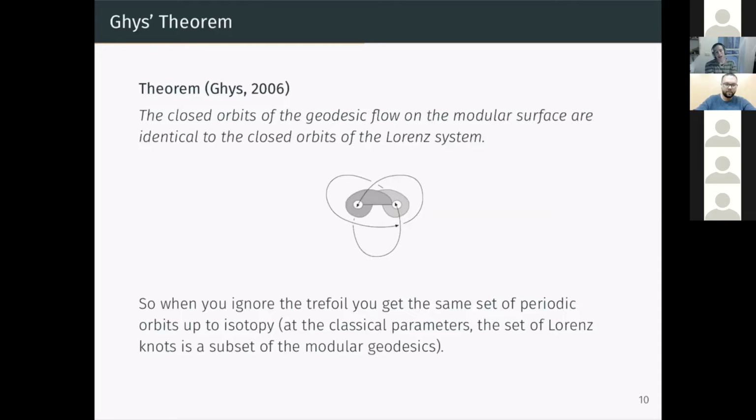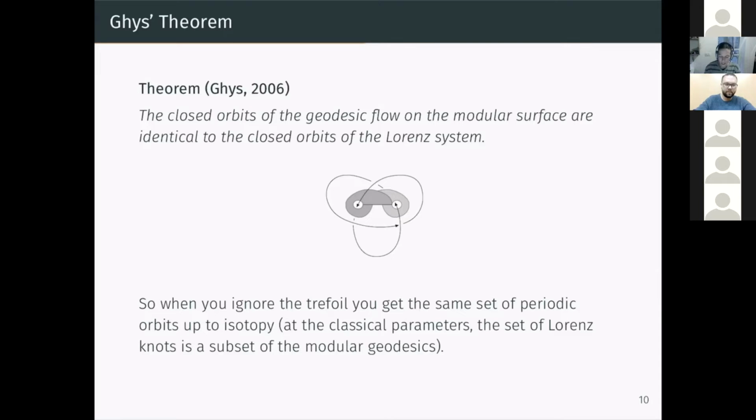So here's a theorem of Etienne Ghys from 2006. The theorem says that the closed orbits of the geodesic flow on the modular surface are identical to the closed orbits of the Lorenz system. What Ghys actually proves is that there is a template, a branched surface, that you can construct for any Anosov flow.